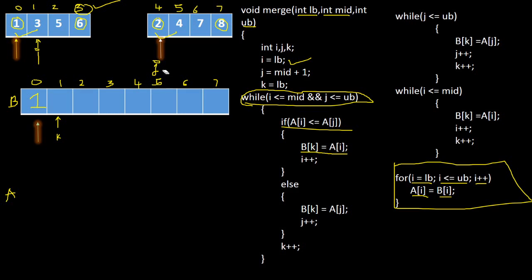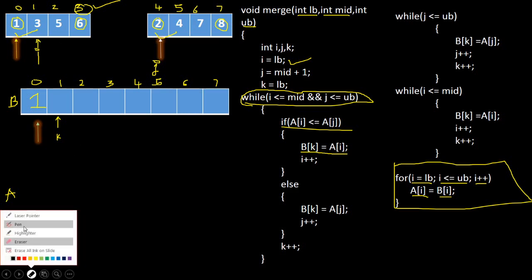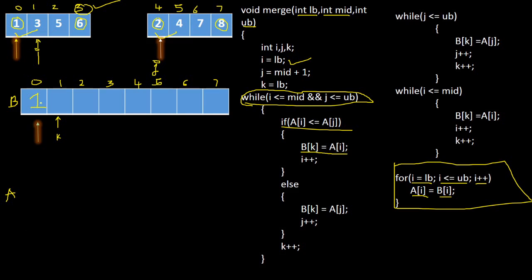j is not moved. Why is j not moved? Because we still want to compare this 2 with 3, hence j is not incremented. The index of the element which is already copied into the b array is incremented, otherwise it is not incremented. Now you will say, sir, you have incremented k, where is k plus plus? Here it is.